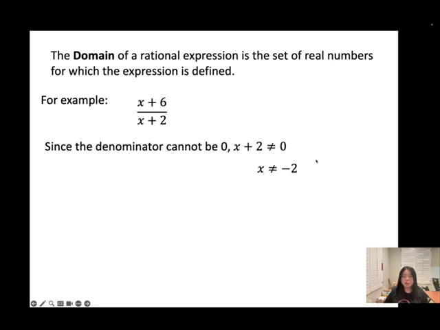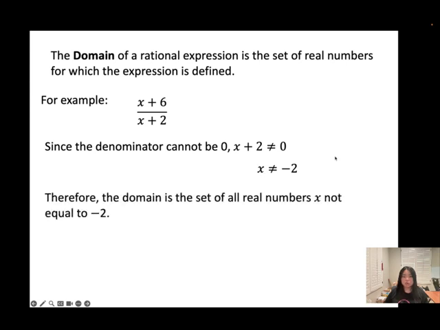So the domain will be the set of all real numbers x, but not equal to negative 2. Remember the set builder notation? The set of all x such that x cannot be equal to negative 2. So this is the idea of the domain of a rational expression.